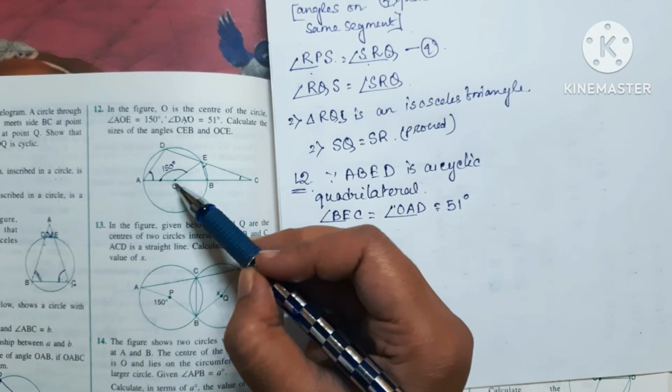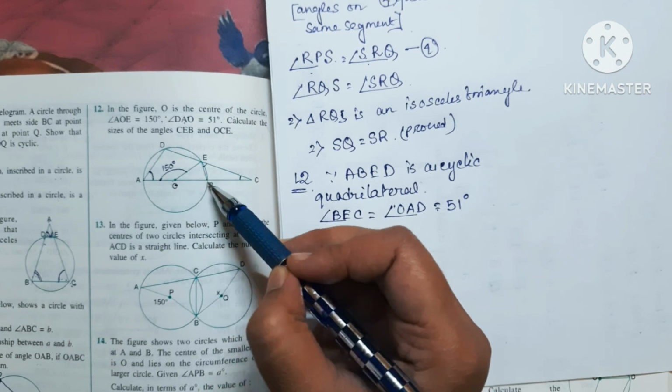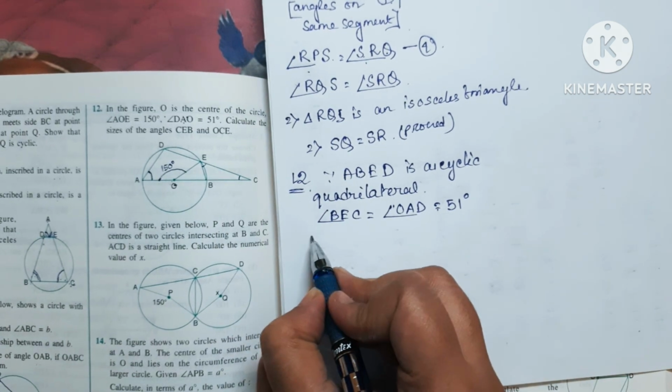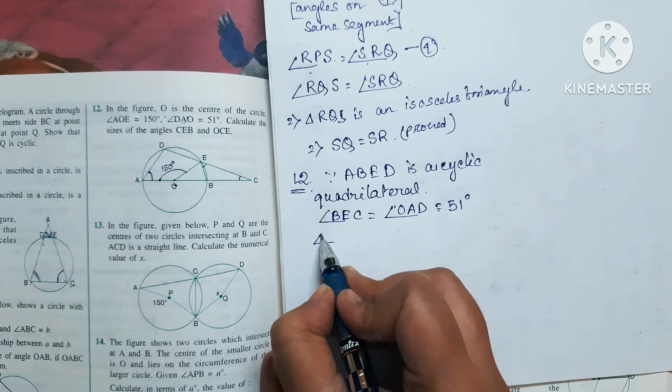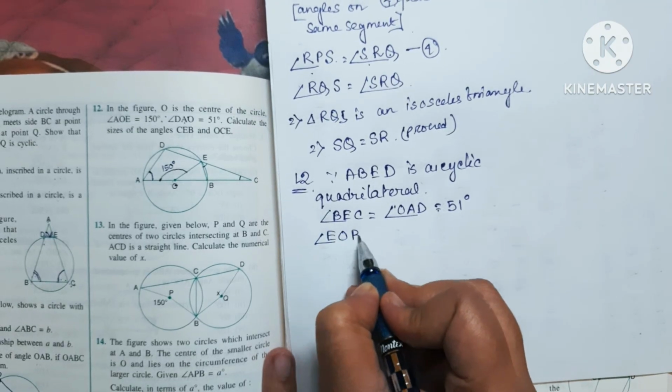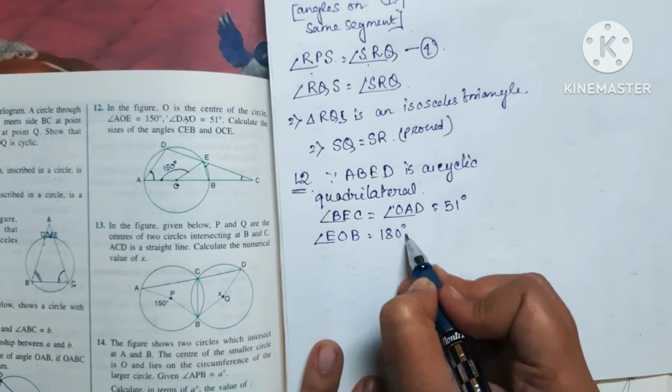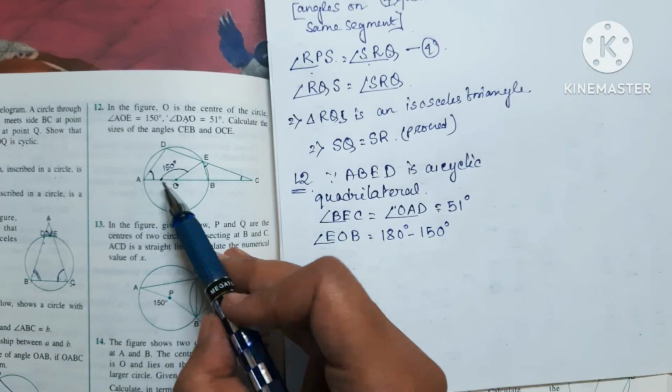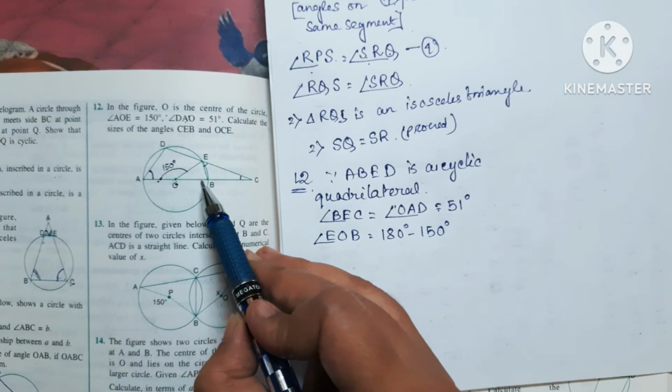Now you have to calculate the value of this angle. In the small triangle OEB, angle EOB is equal to 180 degrees minus 150, because AOB is 180.